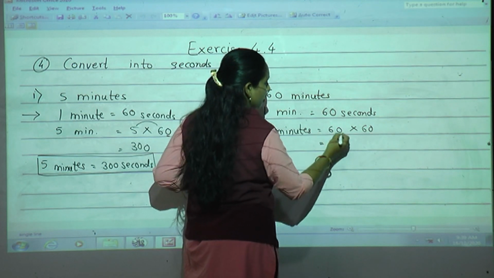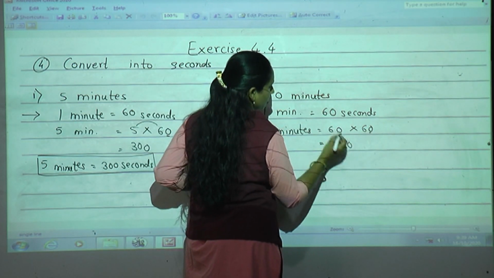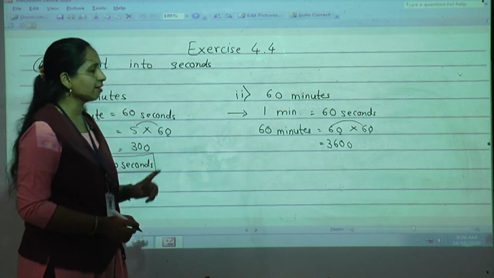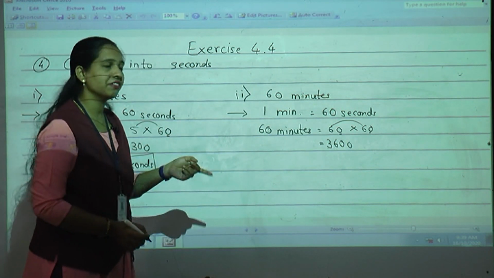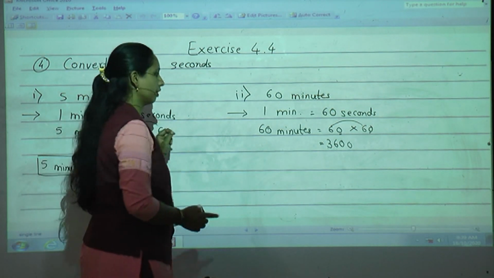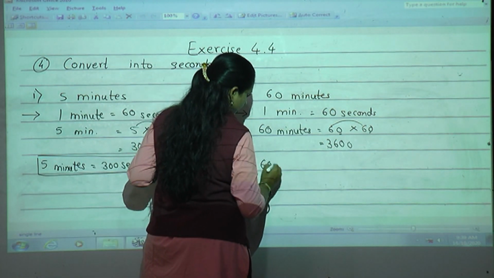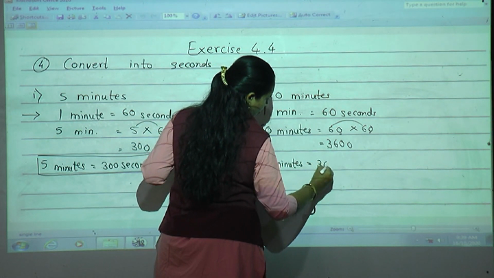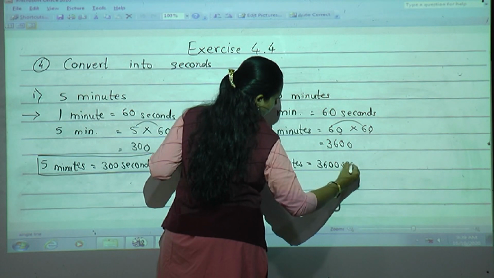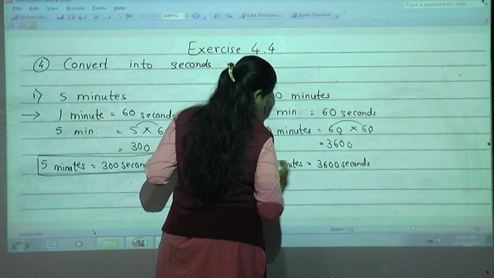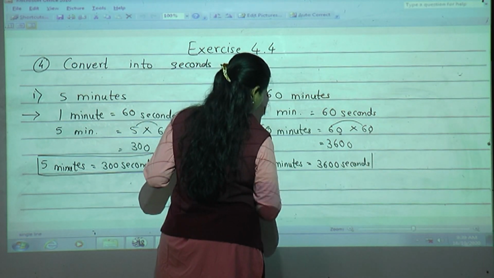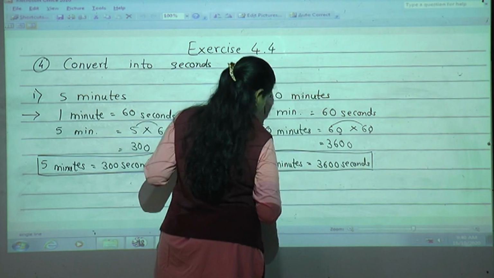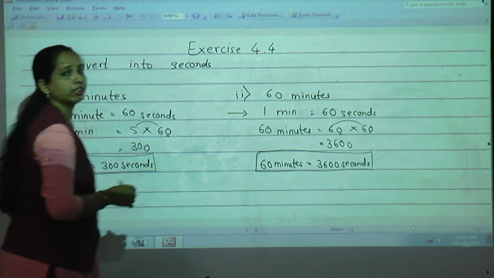See how much easy? 0 0, write 2 times 0 0. 6 6 are 36. So how many seconds are there in 60 minutes? 3600. So write once again here. 60 minutes is equals to 3600 seconds. And do the bracket. Okay, clear?